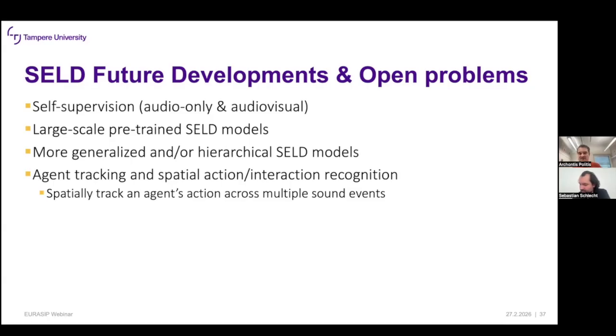Then I haven't seen much work on, let's say, tracking agents instead of sound sources across multiple sound events. So for example, instead of speaker tracking across space, track a human through the different sound events that they produce, or their actions and interactions.